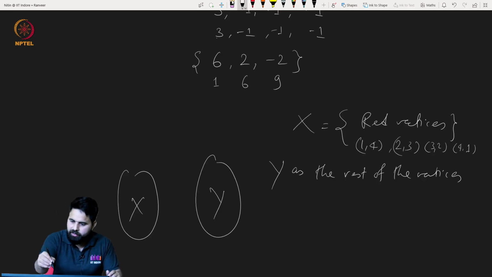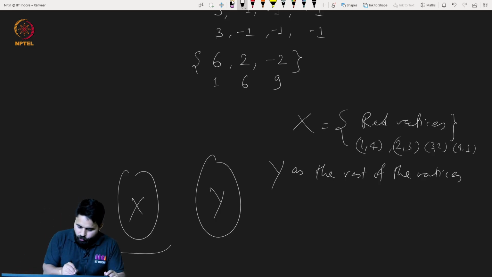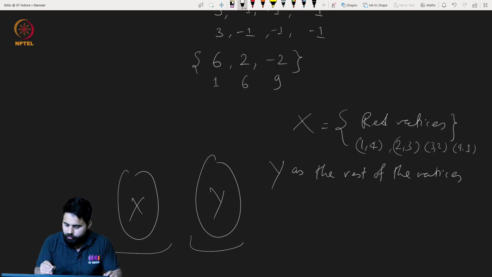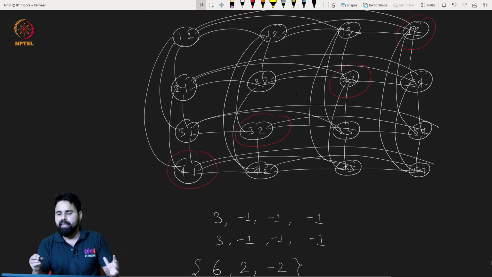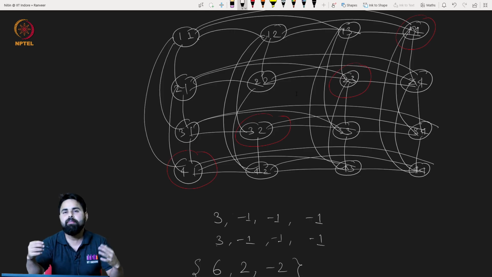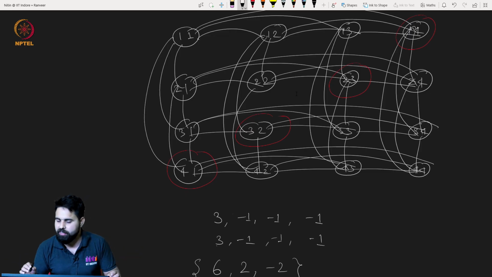Now you see that every vertex in y is adjacent to only 2 of the red vertices. For example, if you take 1, 3, it has an edge with 1, 4 and 2, 3, but none of the edges with 3, 2 and 4, 1.